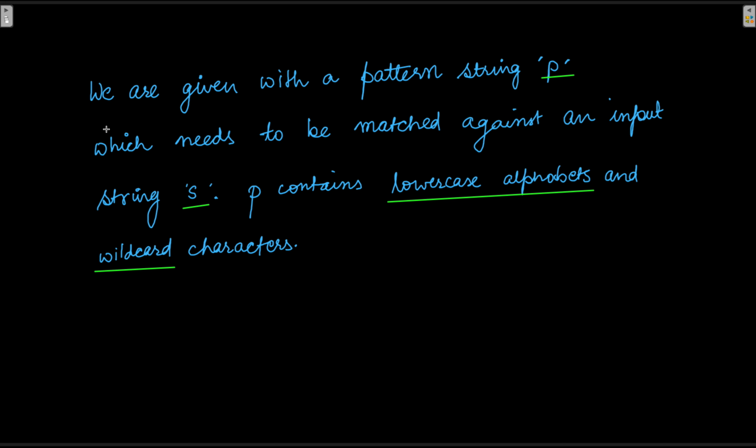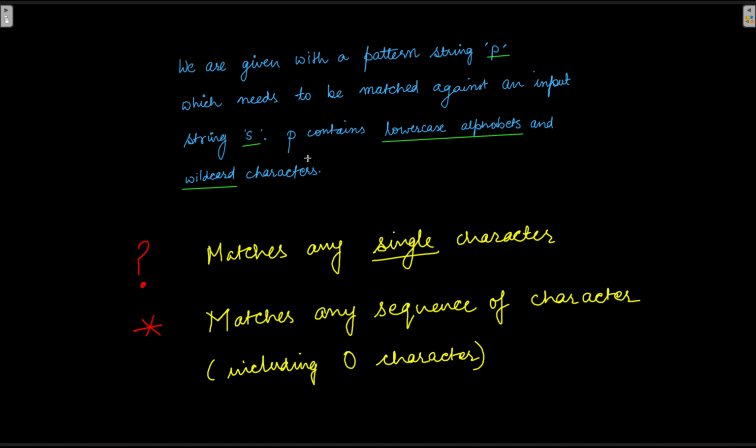So we are given a pattern string P, which needs to be matched against an input string S. P contains lowercase alphabets and wildcard characters. Wildcard characters are of two types.